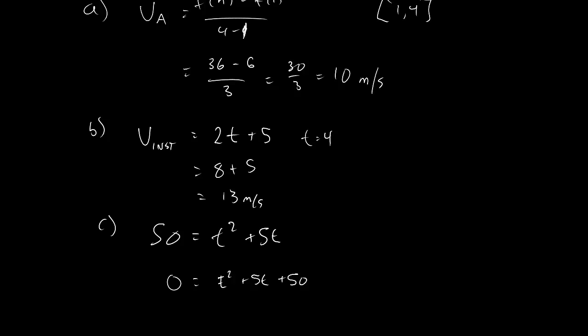Oh man, I wish I thought about this before. 5 and 10? That's not going to do it. Oh, this is embarrassing. I should have factored this first. What is it? T squared plus 5t plus 50. This is embarrassing. Solve, please. Don't fail me now, internet.